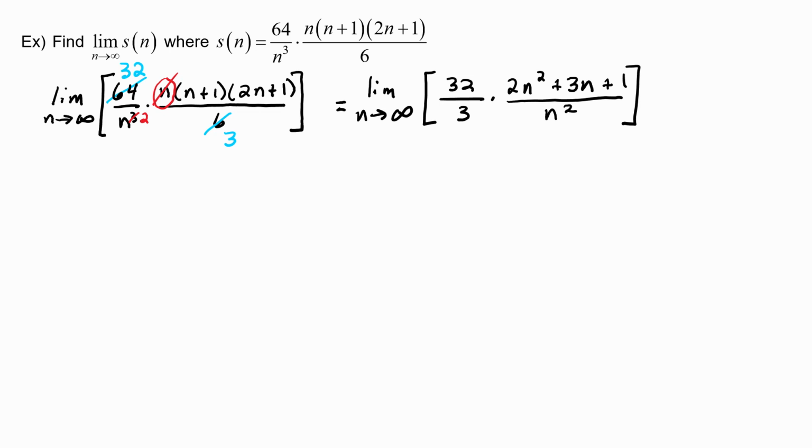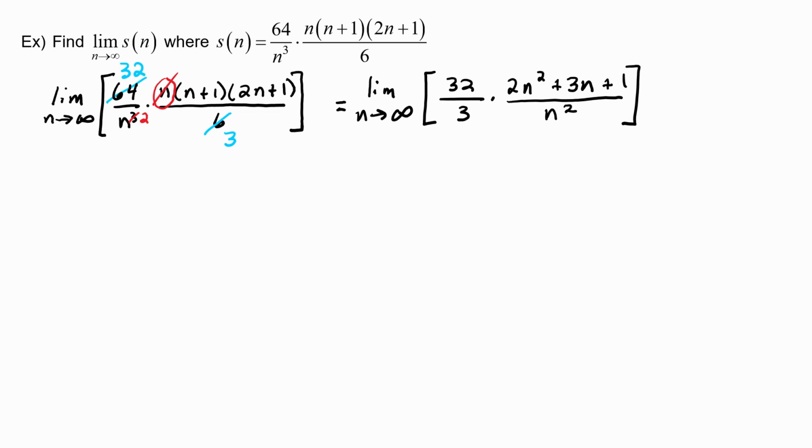Now, if we were to try evaluating this limit right now, plugging n going to infinity into this numerator would give us infinity in the numerator. Plugging n going to infinity into the denominator would give us infinity in the denominator. And we know that infinity over infinity is indeterminate. So we have to do some algebra here and simplify it into a form that we can evaluate.